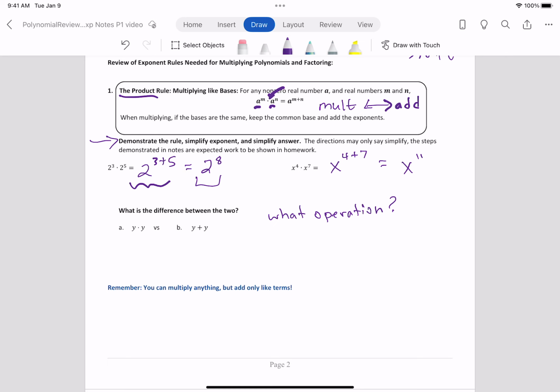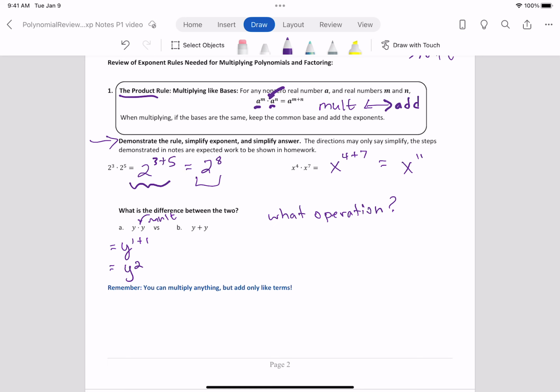So in A, the operation is multiplication. So this one is the product rule that we just learned. We're multiplying the like bases y times y. So that means if we multiply the like bases, we're going to add the exponents. So this one is y squared.